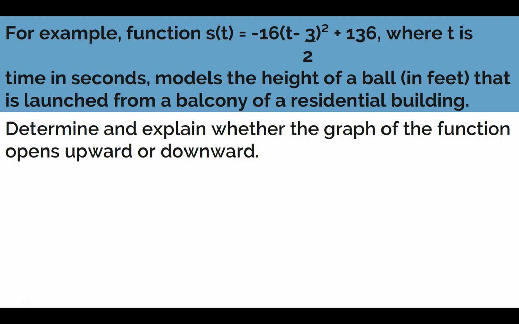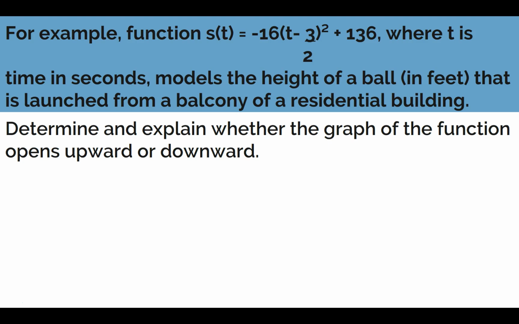It's telling me that my t is time in seconds and that it's showing us the height of the ball after a certain amount of time. So we're going to determine and explain if this is going to open up or down.